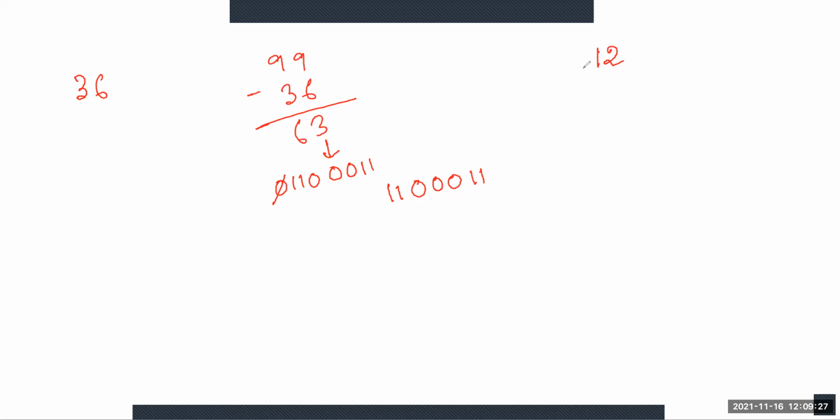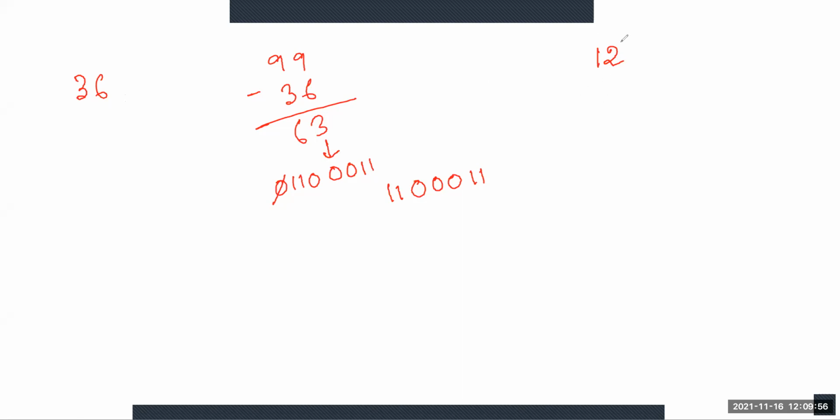One thing I forgot to mention: I told you this 36 is a decimal number actually. In your exam you can also get it like that, this is a BCD number, but for binary subtraction, suppose it is a BCD number, in that case you will treat it as a decimal number.